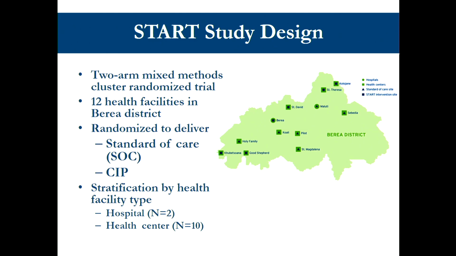The START study was a 2-arm, mixed methods, cluster randomized trial. 12 health facilities in Berea District were randomized to deliver either the standard of care or the standard of care plus a combination intervention package, after stratification by health facility type, that is either hospital or health center.